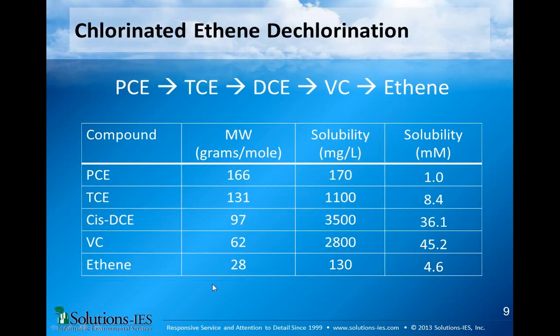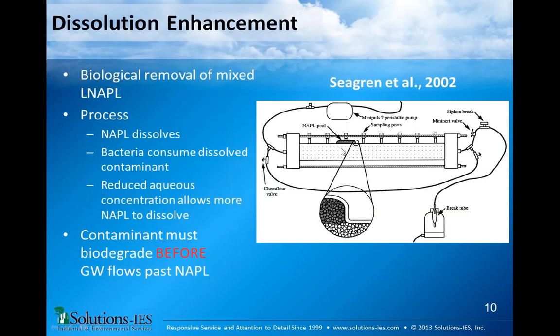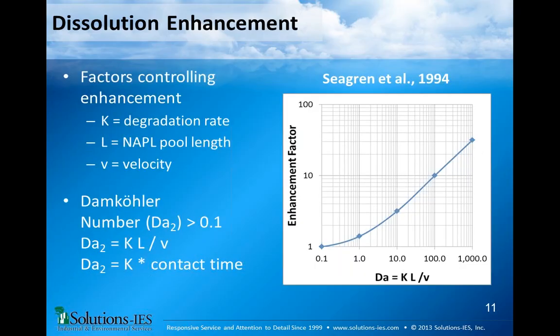And Cedergren came up with a relationship. I'm not going to go through all the derivations, but it was in a paper in 1994. Basically what he showed is you could characterize the enhancement factor, how much improvement in removal, based on a Damköhler number. And the Damköhler number had to be greater than 0.1. Well, what's the Damköhler number?